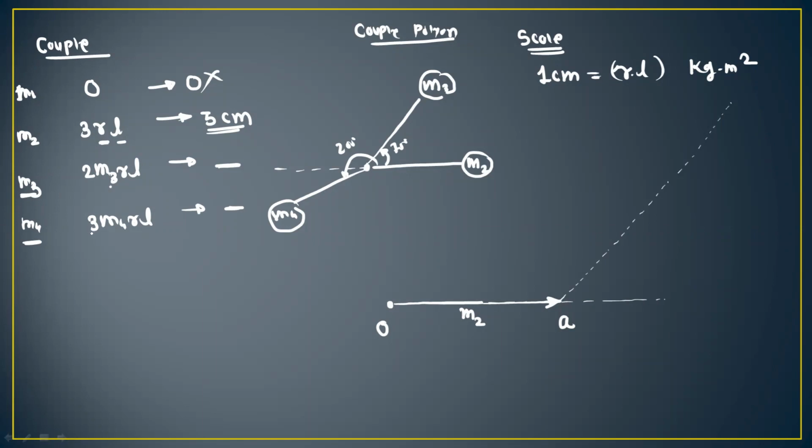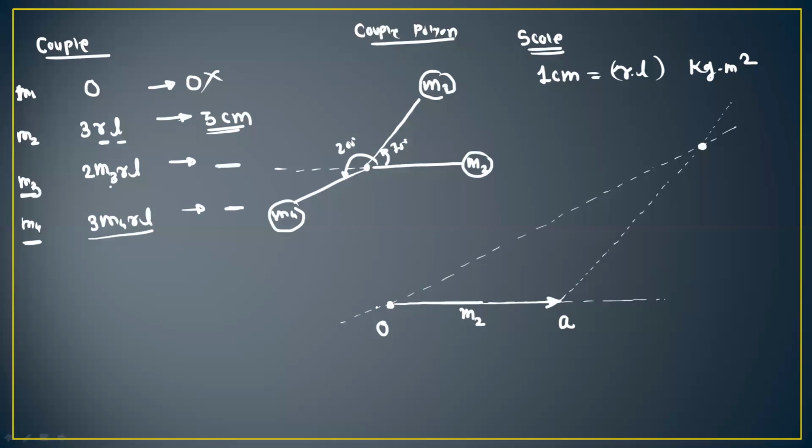Okay. And then from point O, draw the line parallel to mass M4. Okay, so in this way we can complete that triangle, which is nothing but the couple polygon.